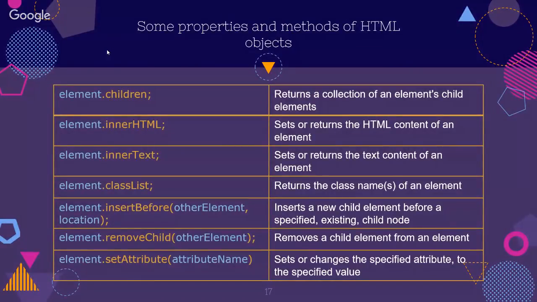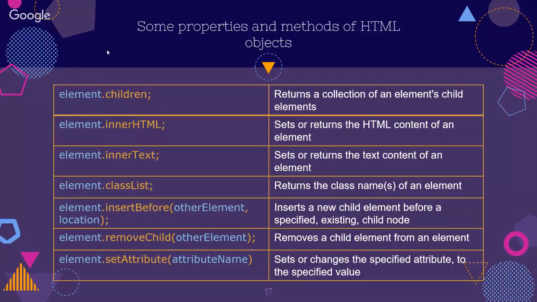The innerText property sets or returns the text content of an element. So this innerText property is not really useful to us when we're working with image tags and some kind of media that's not a paragraph or H1 or some kind of text HTML element.